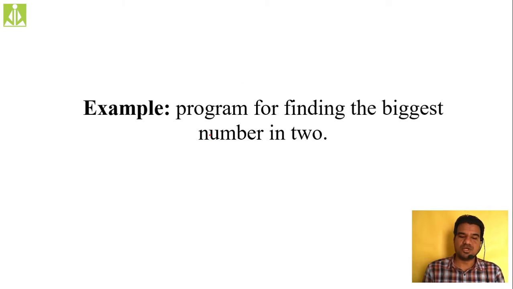So we'll demonstrate a simple program to understand the importance of the if and else statement. In this program, the example is finding the biggest number among two numbers. It is very simple.